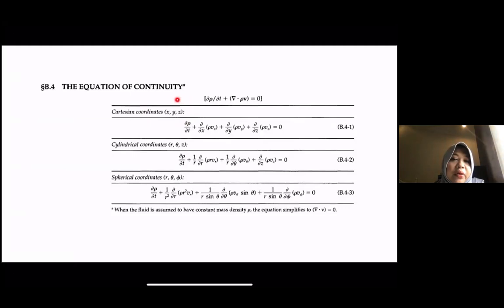If you use Cartesian coordinates, use this one; if you use cylindrical, use this one; and if you use spherical, use this one. Usually in this class, we mostly use Cartesian and cylindrical coordinates.